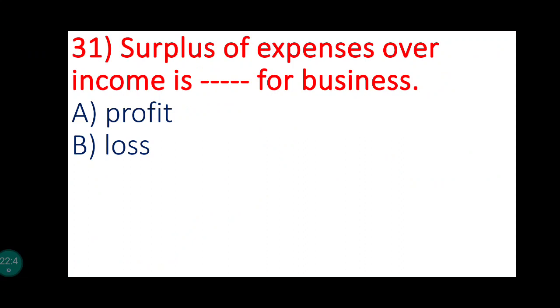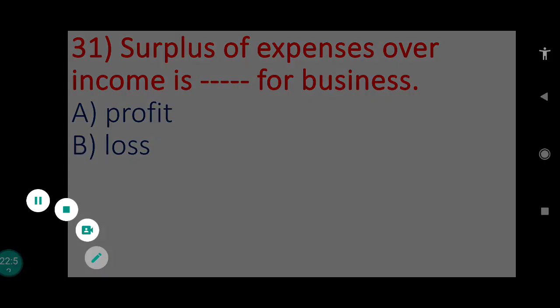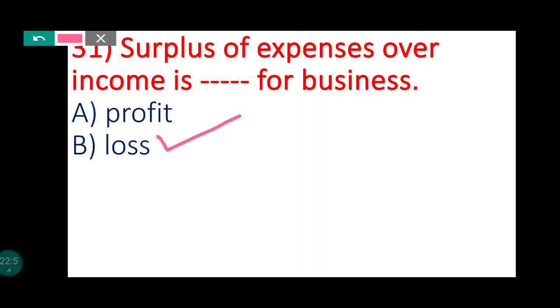Surplus of expenses over income is known as loss, because loss is the excess of expenses over income. It occurs as a result of selling goods or services for less than the cost.